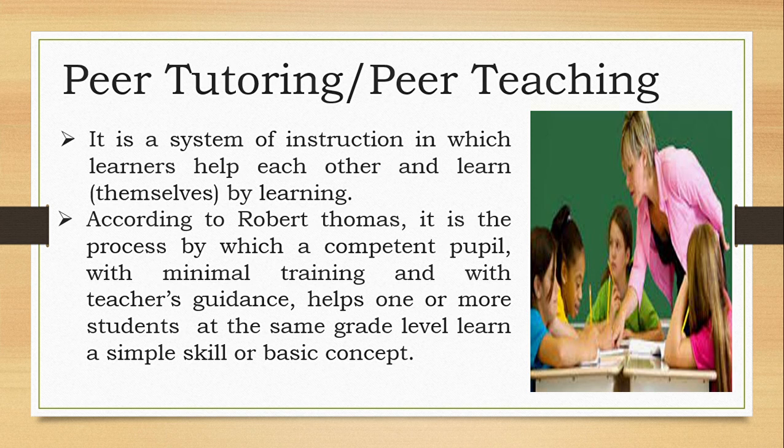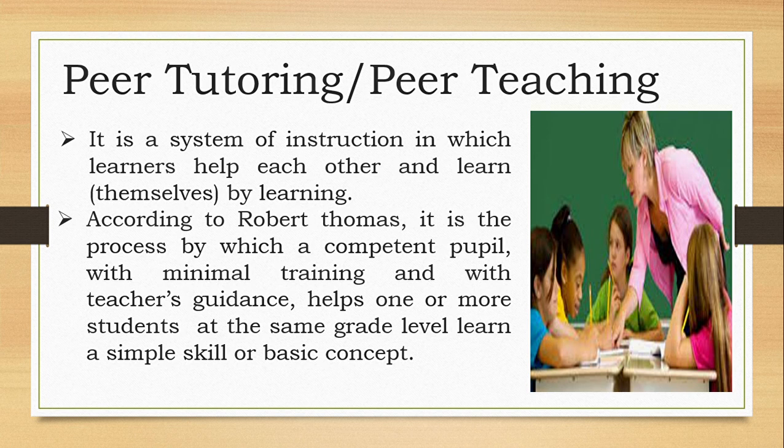So, peer tutoring, or sometimes called peer teaching, is a system of instruction in which learners help each other and learn themselves by teaching. According to Robert Thomas, it is the process by which a competent pupil with minimal training and with teacher's guidance helps one or more students at the same grade level learn a simple skill or basic concept.